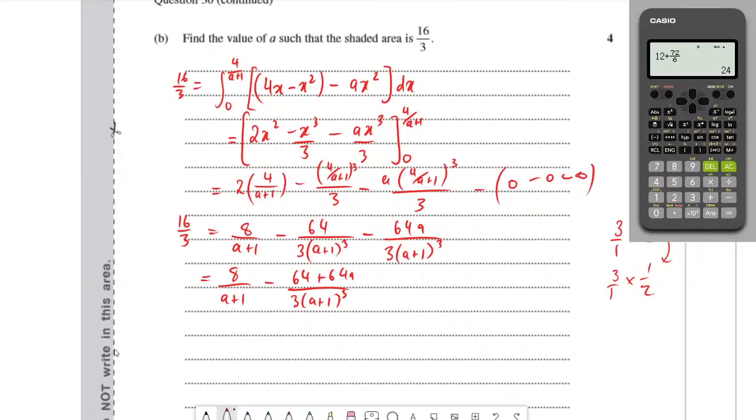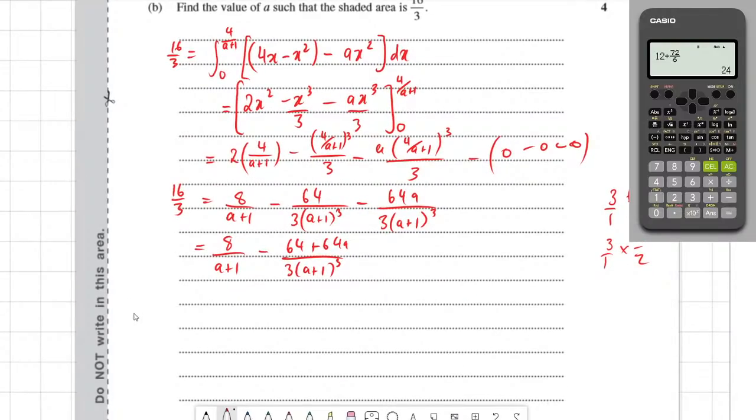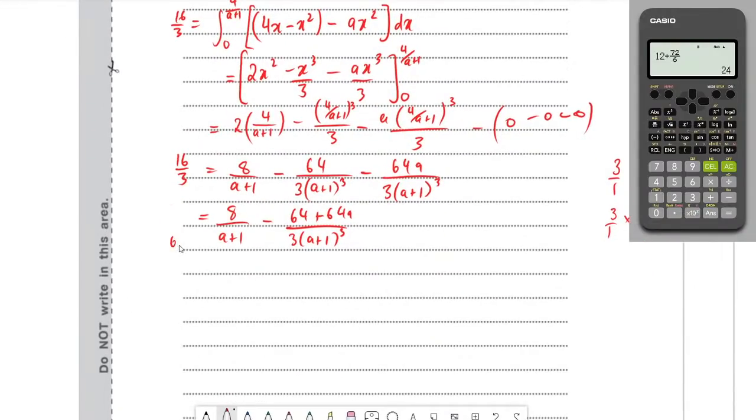I guess I could subtract, and get 16 on 3 minus 8 on a plus 1 is equal to this gross monstrosity.